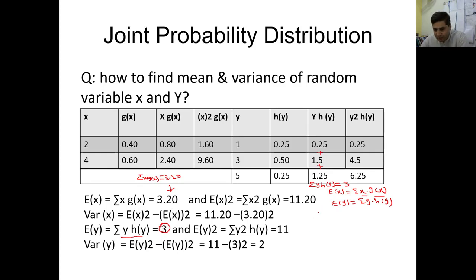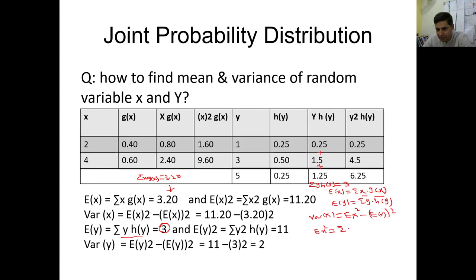Similarly, you know that the variance of x formula is E(x square) minus E(x) whole square. To calculate this, we first need E(x square).